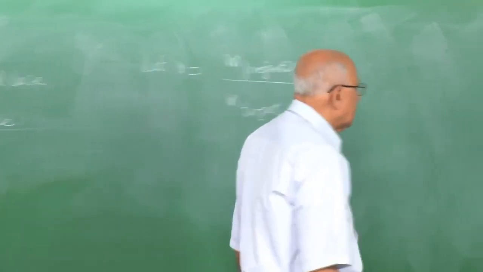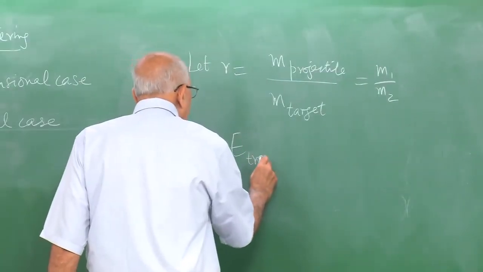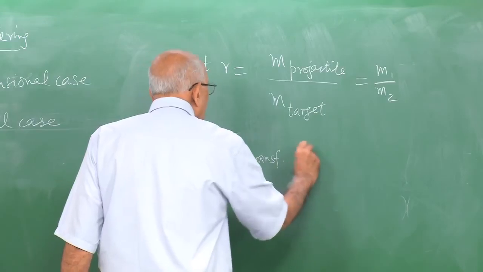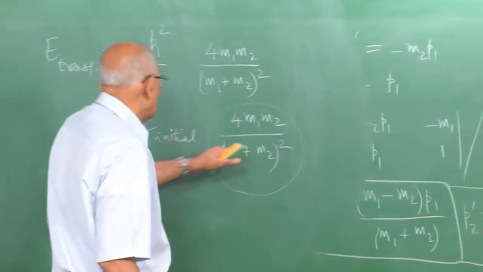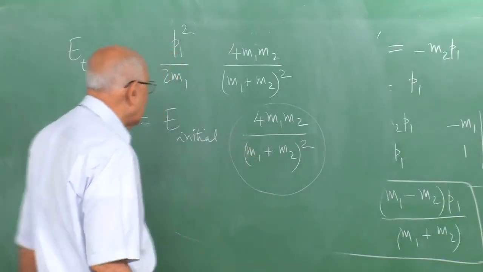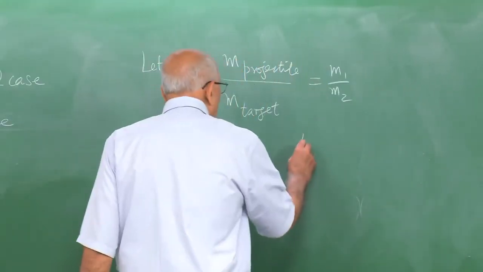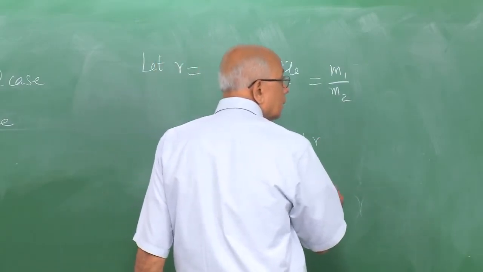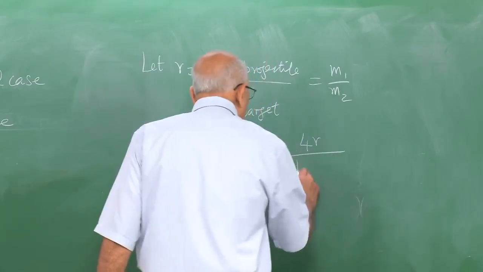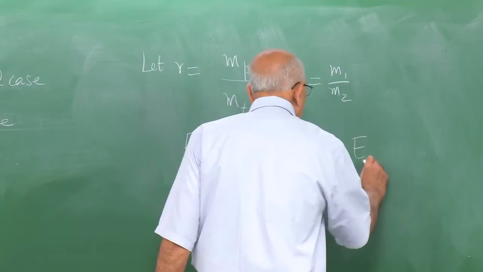Then our fundamental relation says the energy transferred is equal to the initial energy multiplied by, I pull out an m1 here or an m2 here and write this as m1 divided by m2, so this is equal to 4r divided by 1 plus r the whole squared, times E initial.